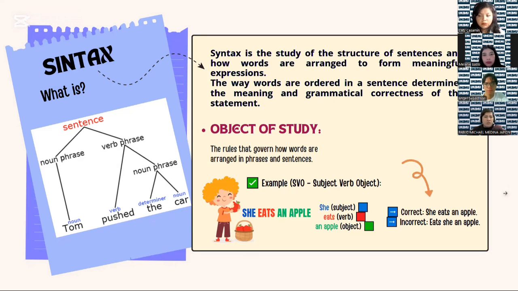So she, in this case, is the subject, eats is the verb, and an apple is the object. Now, if we say "eats she an apple," that sentence sounds weird in English. That's because the word order is incorrect according to English syntax rules. So syntax helps us organize words correctly to make sure our message is clear and grammatically accurate.